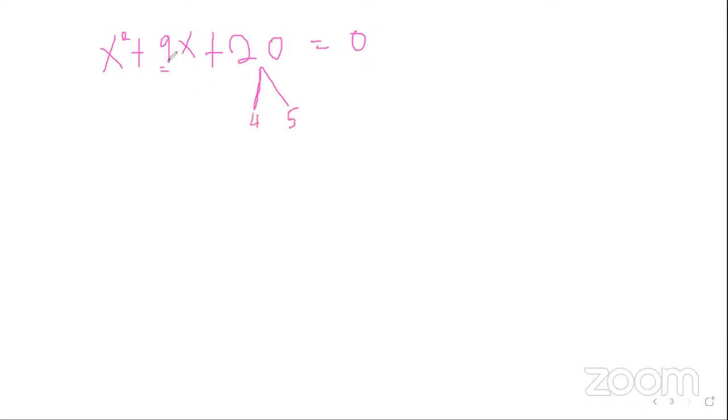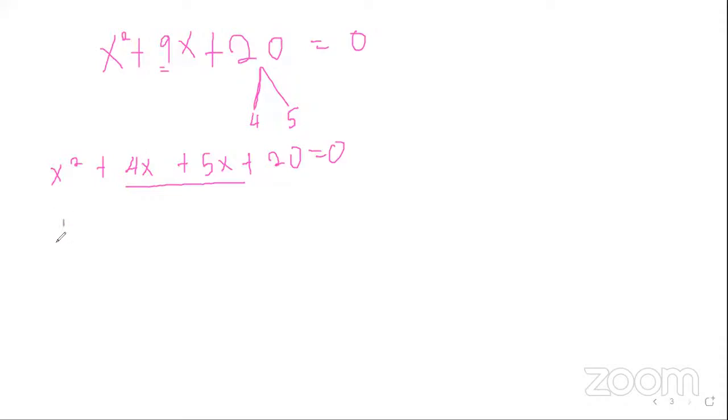So we are going to substitute the 9x with 4x plus 5x. So this would be x squared plus 4x plus 5x plus 20 equals 0. Are we there? Where we had the 9x, we are substituting 4x plus 5x.